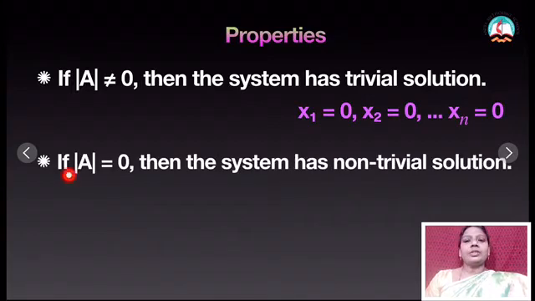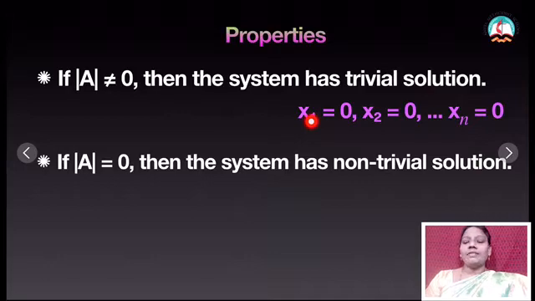Okay. Suppose my determinant of A is to be found, how can I find it? Because I have a set of equations, I can convert it into the form of a matrix. So determinant of A equal to 0 means the system has a non-trivial solution. What do you mean by non-trivial? If all the variables are equal to 0, then we call that a trivial solution.